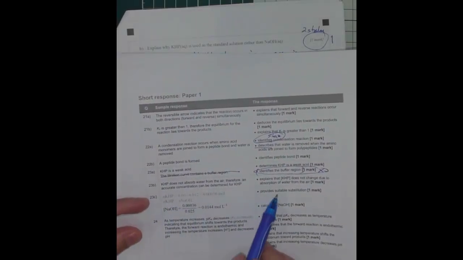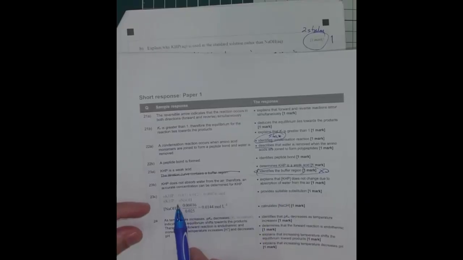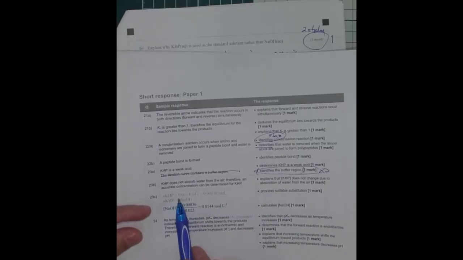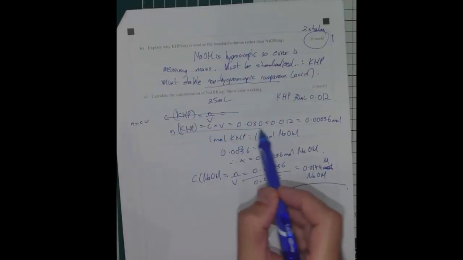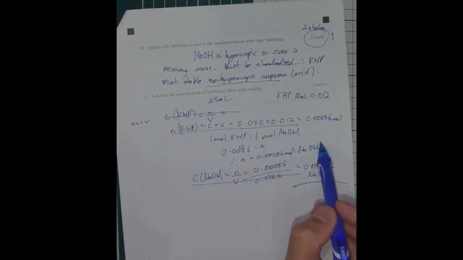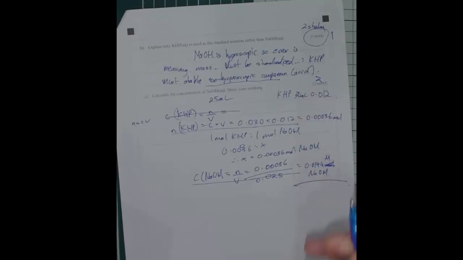As long as you do your calculations nice, you should be right. Provide suitable substitution. Into what? Into that. Provide suitable substitution. I don't know what that means. Calculates NaOH, we did that. Well, we've done everything correct. All the formula substitution. So you can't do better setting out than that.